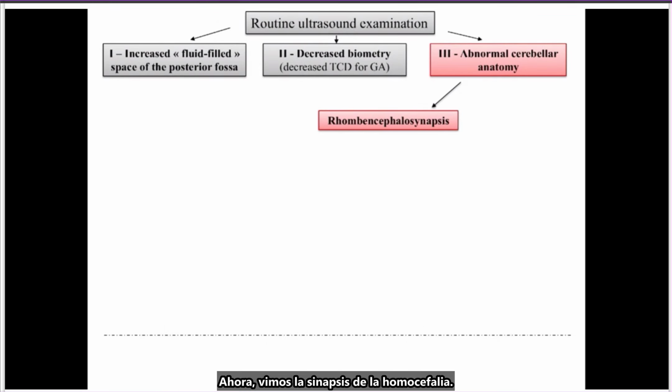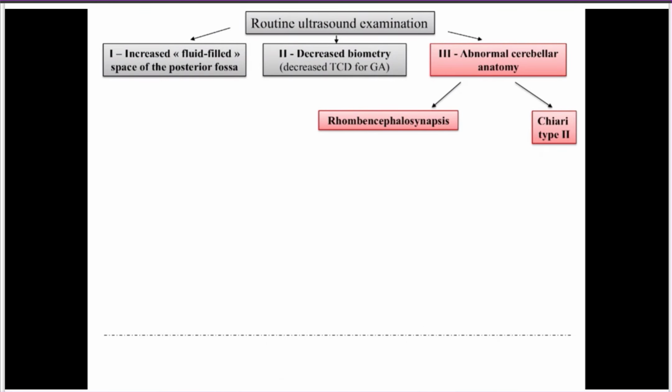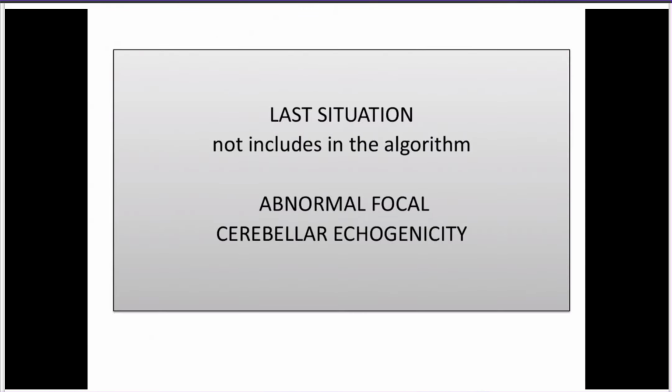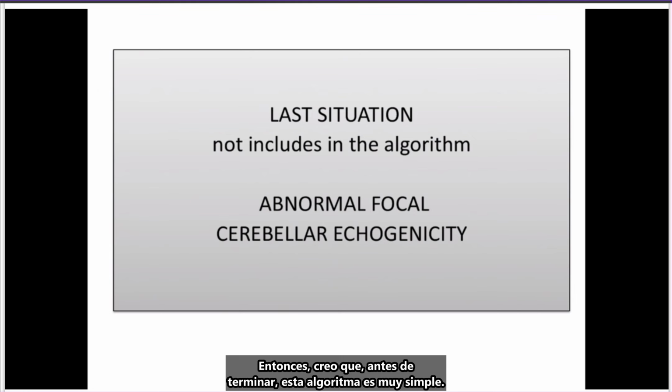Now, we saw rhombencephalon type 2, agenesis and dysgenesis, and you have a list of Joubert syndrome, Charles syndrome, and other anomalies of the fissuration and foliation. So I think before the last situation, this algorithm is simple, and using this, it's a very anatomical approach.